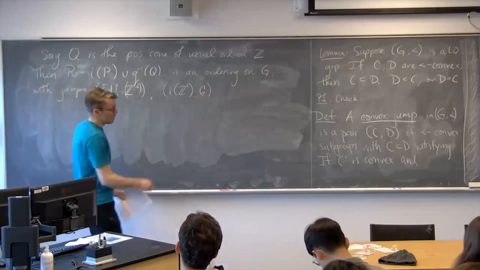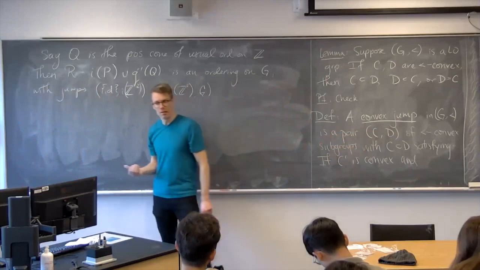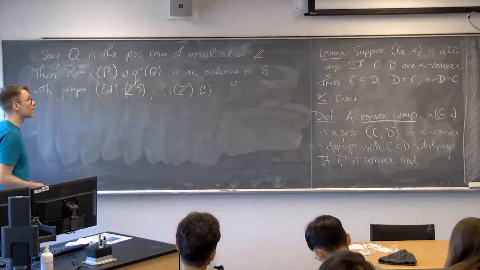And that's not going to happen here because the quotient ordering is the standard ordering of Z, which is Archimedean. So it doesn't have any convex subgroups in it.